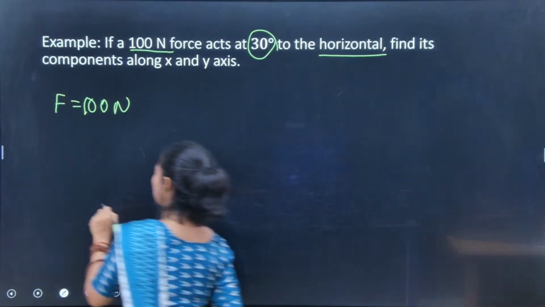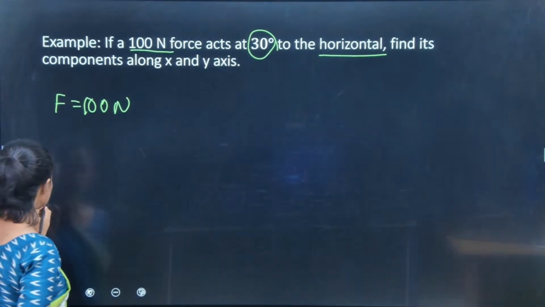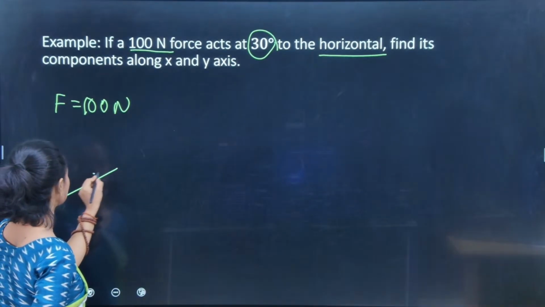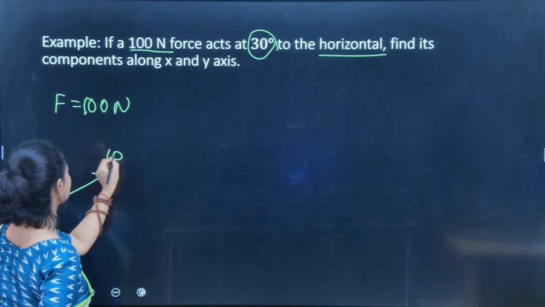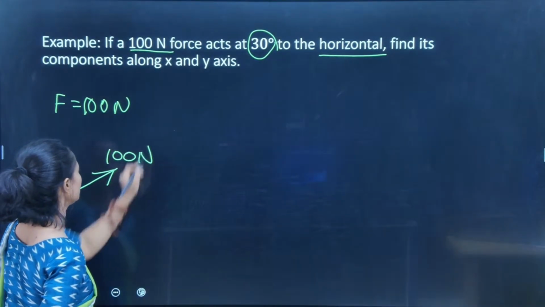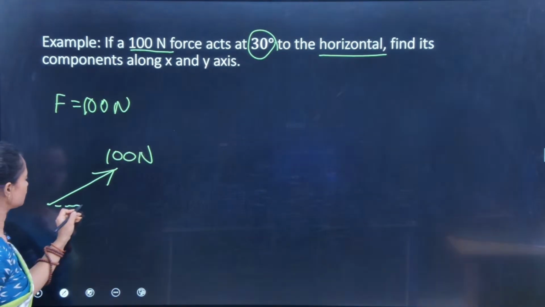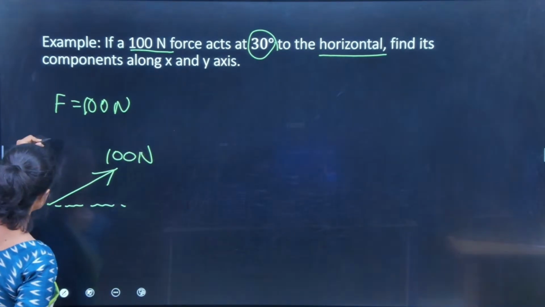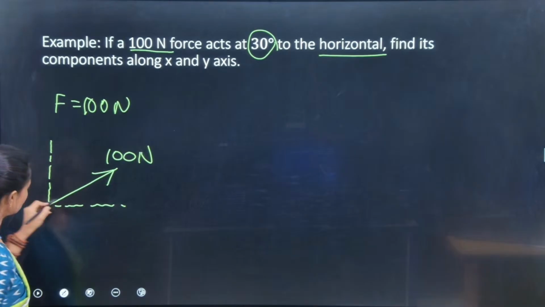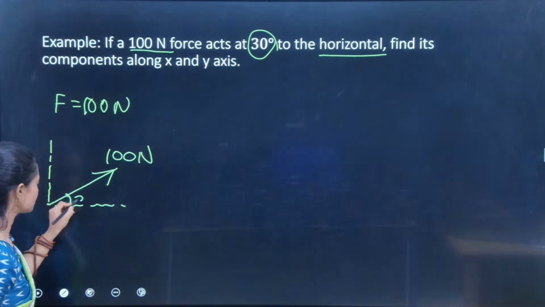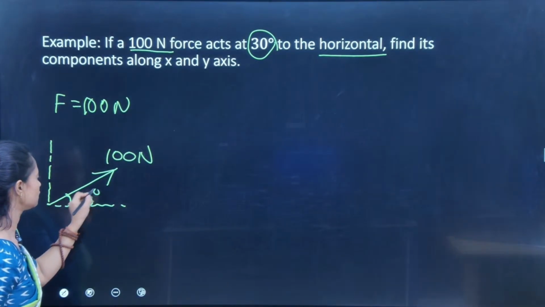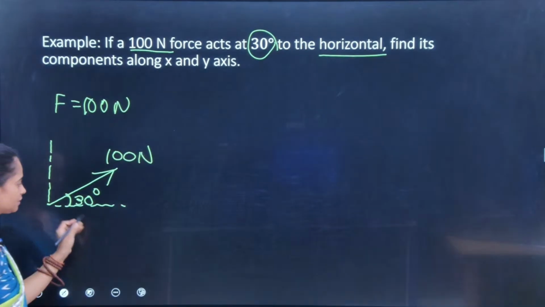That means, what is the orientation of the force? This is the force, whose magnitude is 100 Newton, and this is its angle of inclination with the horizontal. If this is my horizontal axis, this is the vertical axis, so this angle is given as 30 degrees.